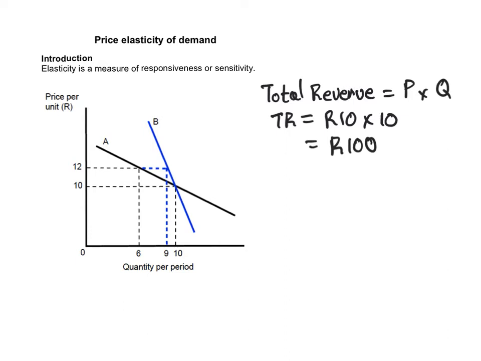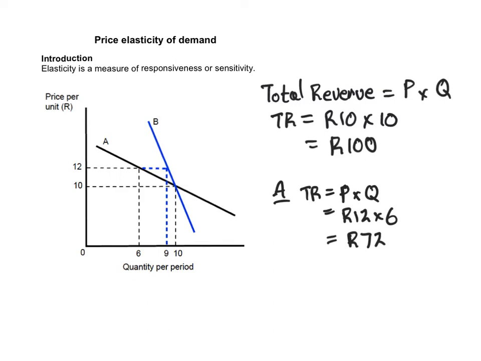Let's take a look at what happens to the total revenue for product A. After the price change, our total revenue is price times quantity, so 12 Rand times 6 units, and that is 72 Rand. The total revenue, which initially was 100 Rand, has decreased significantly because of the price increase.